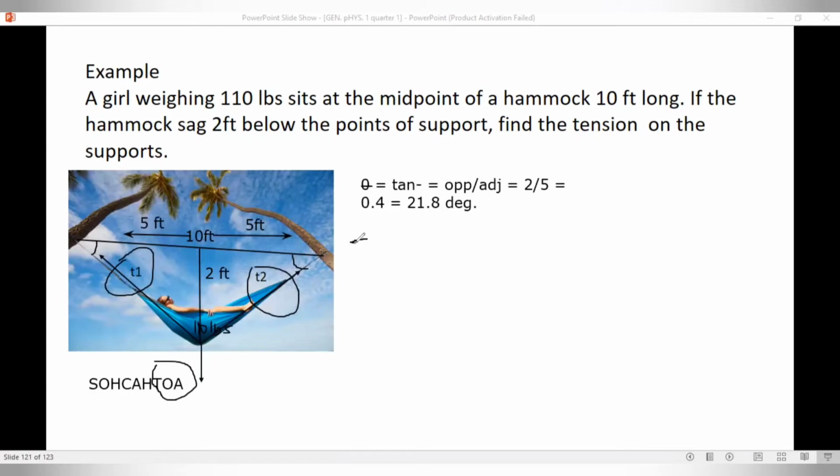So, that is the summation of F of x is equal to tension 1 x, syempre, plus tension 2 x plus yung weight niya.